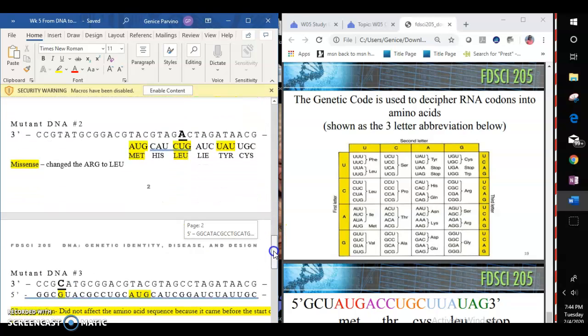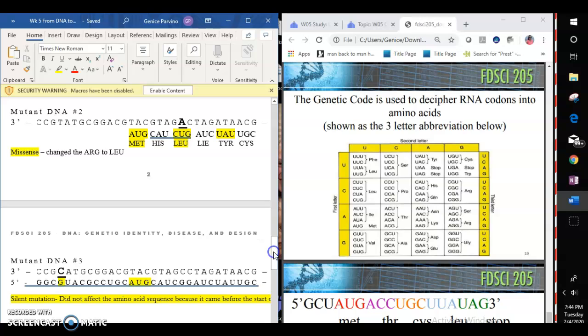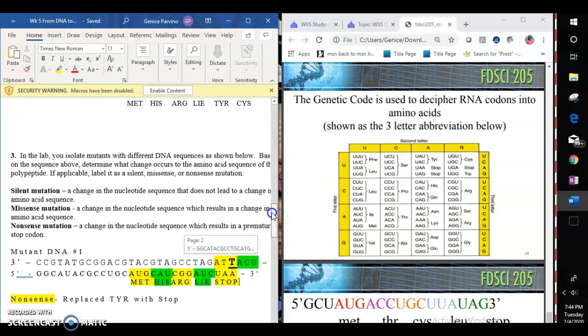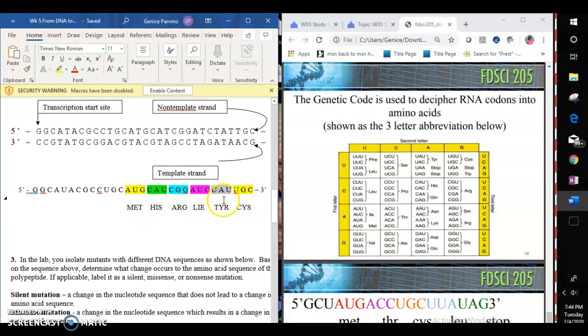And then number 3, this is the mutation. That mutation occurs before our starting place. This is the sequence that we had originally, this one right here.